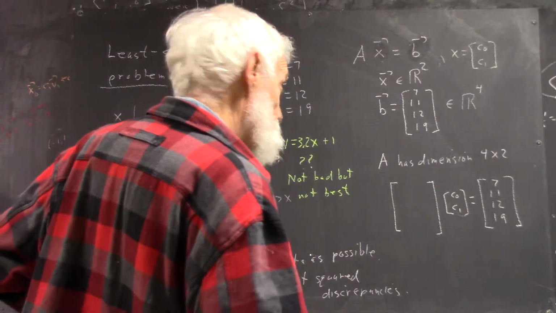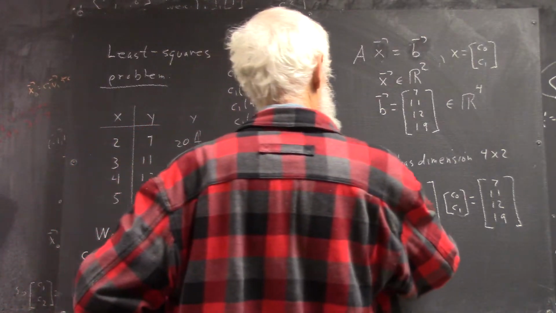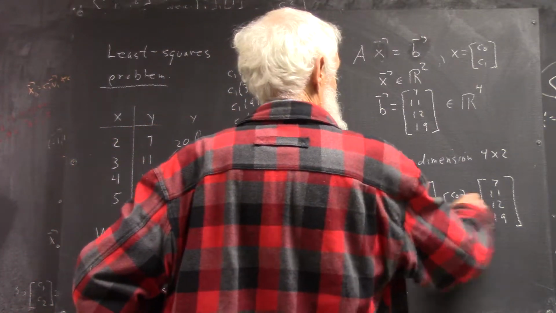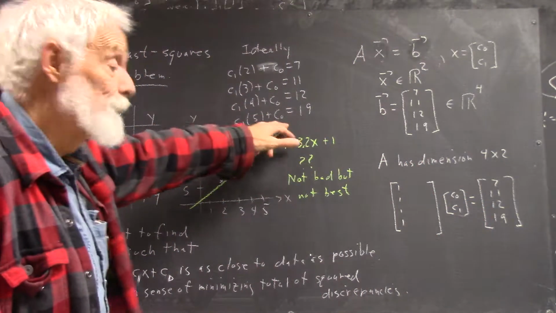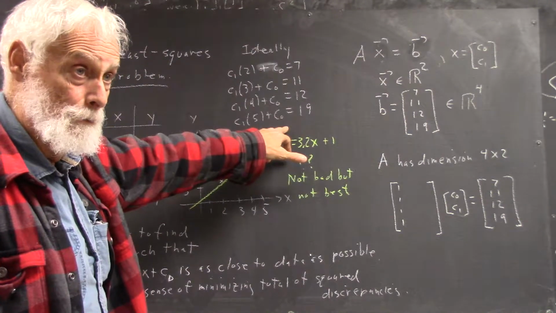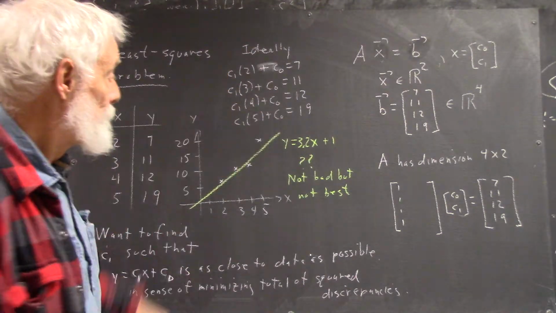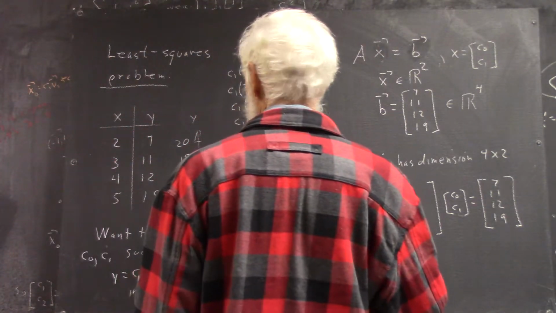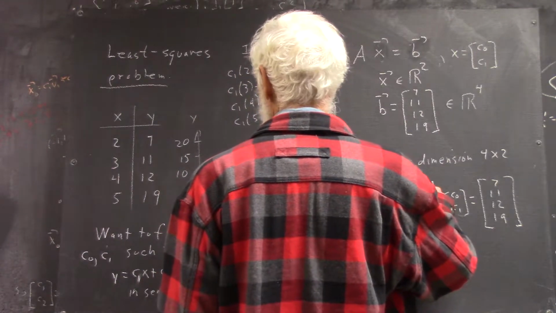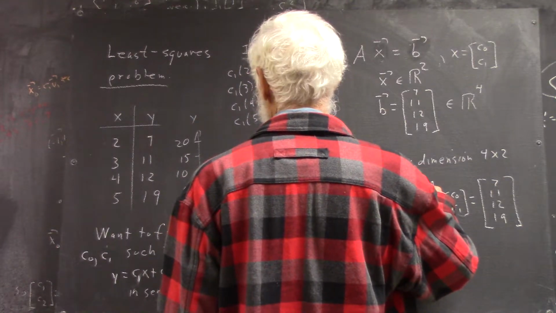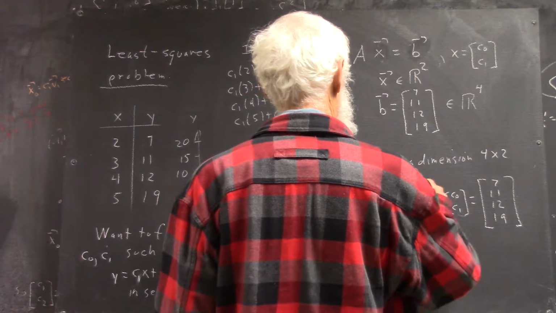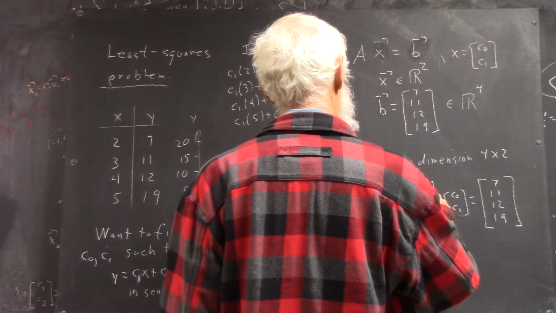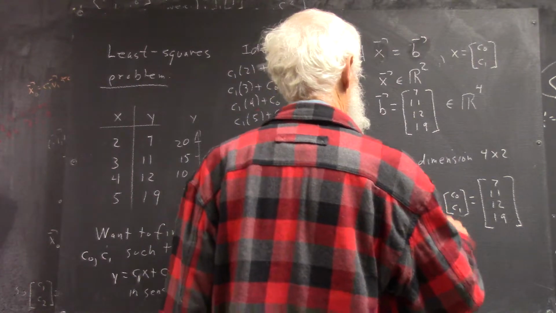So your matrix is going to look like this. All these are 1s because you always multiply C0 by 1, because that's just the number you add, right, in your linear model. And your second column is going to be your x values, 2, 3, 4, 5.